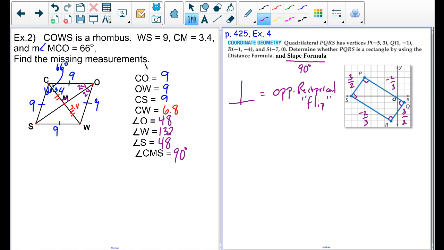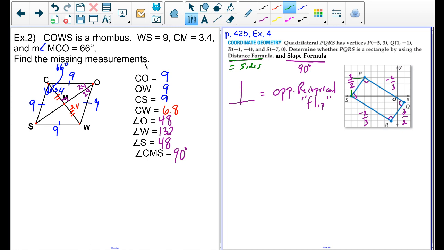Now, what about the distance formula? What's that going to tell me? Equal what? Sides. And what sides need to be equal? Opposite, right? So, again, if I look at this, I can use this 3/2 here, because I'm counting from point all the way to point to help find my distance formula, okay?